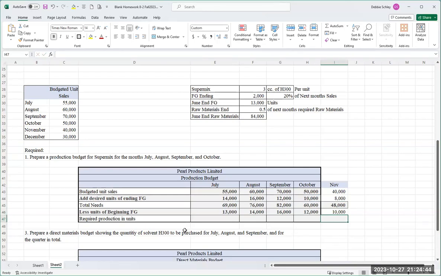Even though I probably don't need to know that, but we had to know some of these numbers to get some of those numbers. Okay, so our required units, we do exactly what it says. Our total needs less the units of beginning. So equals our total needs minus the beginning.